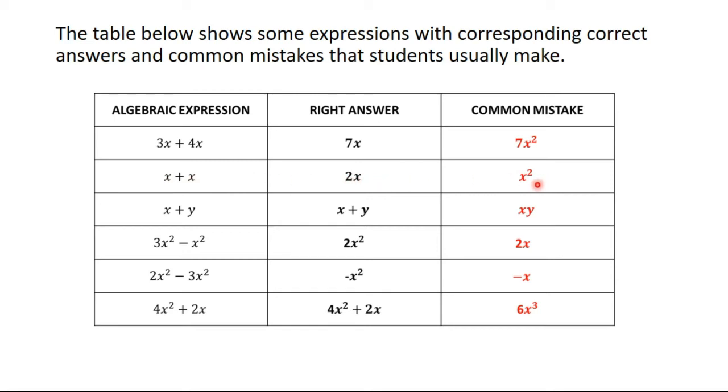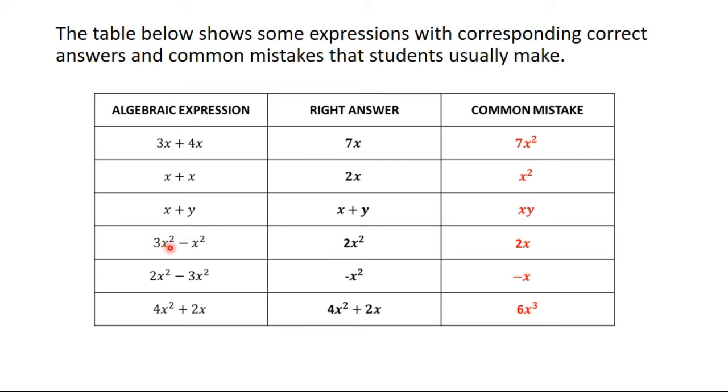That is a mistake. x plus y: we know that x and y are not like terms. So just as we learned, you cannot add terms that are not like. So x plus y is x plus y, not xy. In the same way, 3x squared minus x squared will give us 2x squared, because you have 3 minus 1.